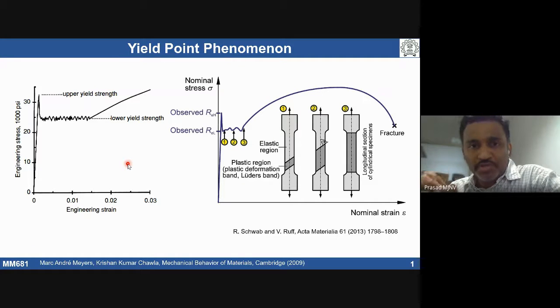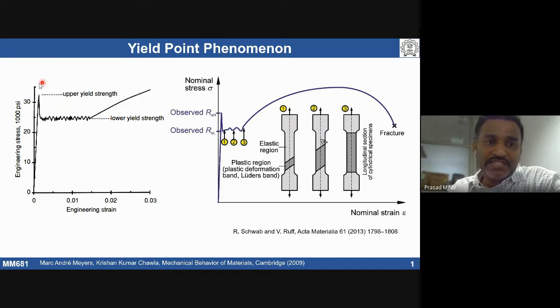Sometimes people also observe it in other materials, but it is most prominent here. Stress increases during elastic deformation, and after a certain amount of stress it drops, followed by slight serrations in flow behavior with some amount of strain. Then it continues along the regular path of the plastic deformation region of the curve.